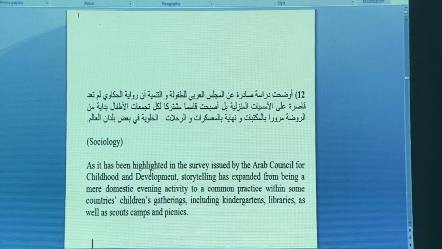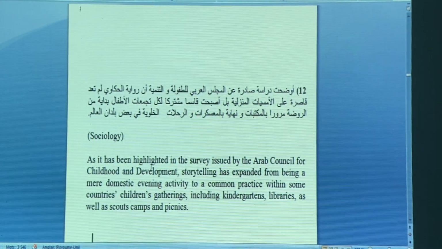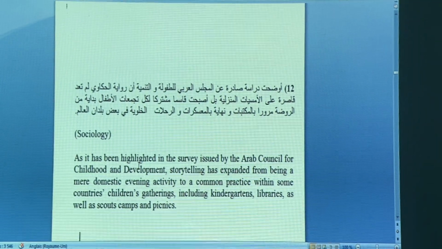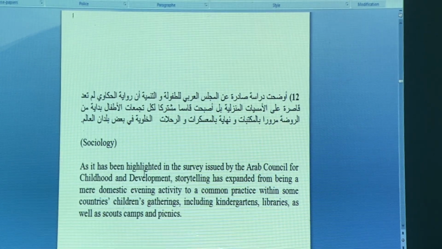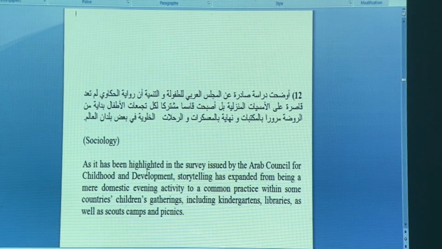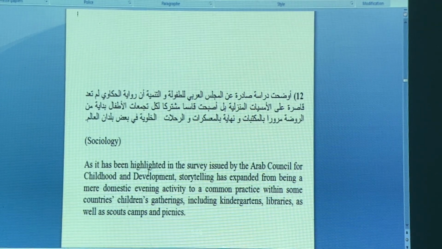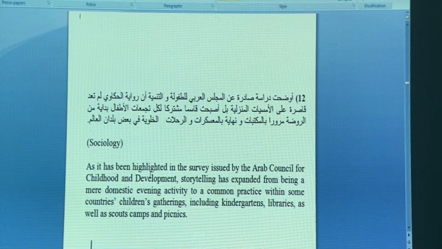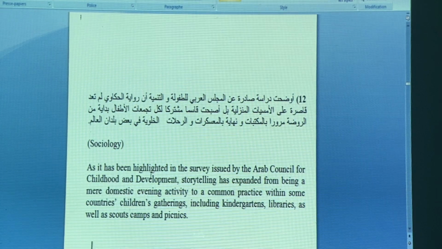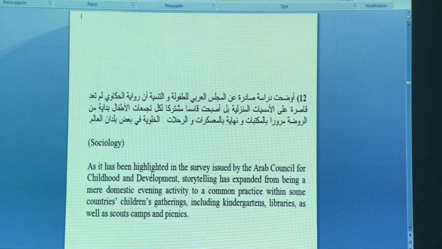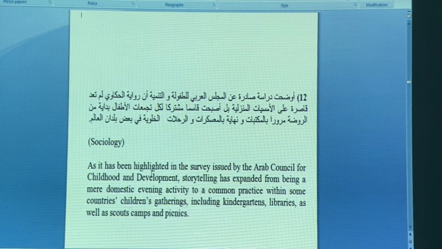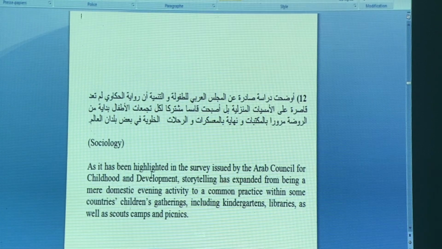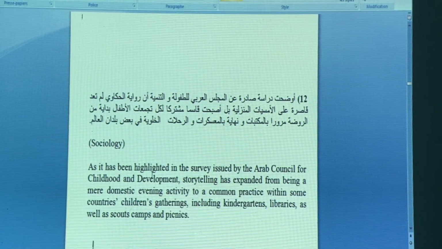Context, sociology. Can start, for instance, as it has been highlighted in the survey issued by the Arab Council for Childhood and Development, storytelling has expanded from being a mere domestic evening activity to a common practice within some countries' children's gatherings, including kindergartens, libraries, as well as scouts camps and picnics.